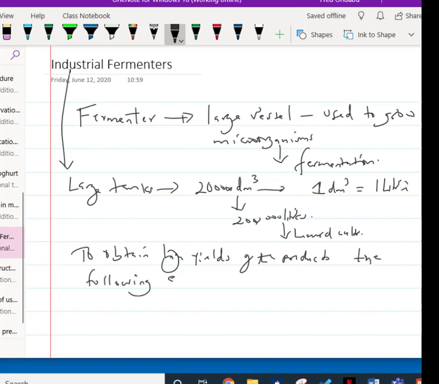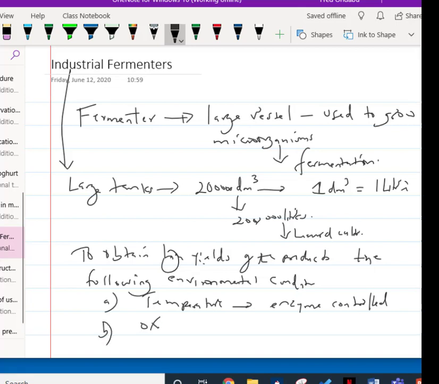One is temperature, knowing very well that temperature affects enzyme controlled reactions. Enzymes are affected by temperatures beyond the optimum and temperatures below the optimum.